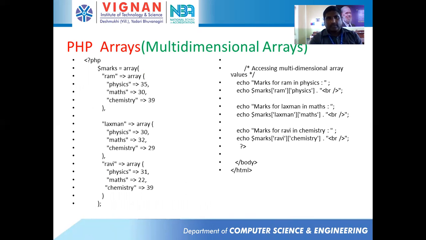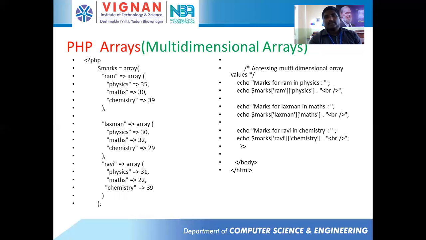So this is multi-dimensional, a 3 by 3 matrix type. For Ram: physics, math, chemistry marks. For Lakshman: what are the physics, math, chemistry marks? For Ravi: what are the physics, math, chemistry marks?